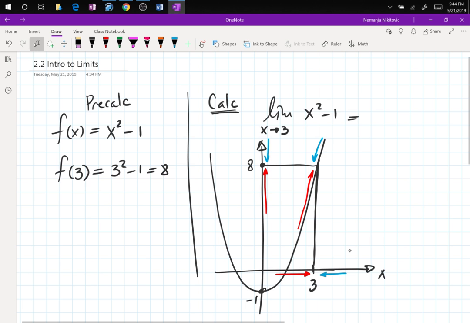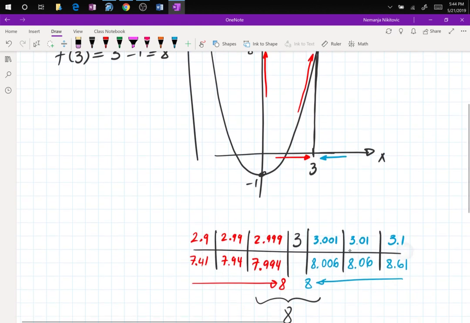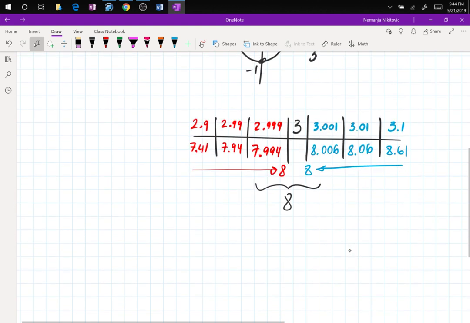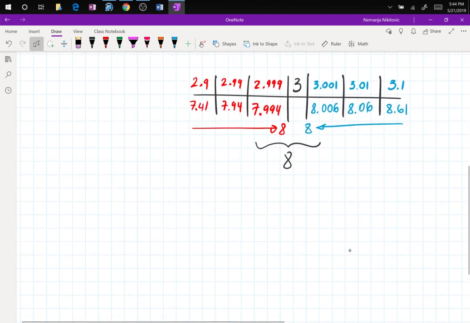It is literally computing infinitely many values here, leading up to the 3, infinitely many values here, leading up to the 3 from the other side, and if they end up being the same value, that's the limit and that's the answer. On the other hand, if they don't end up being the same value, well, then the limit doesn't exist. And let's take a look at that situation as well.